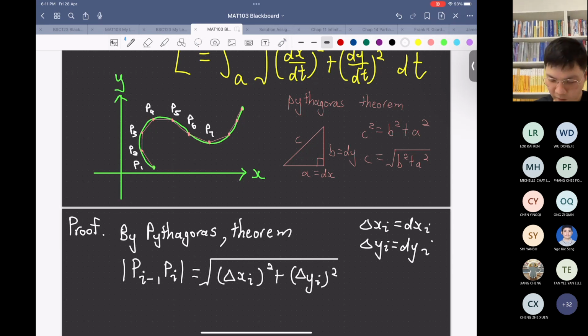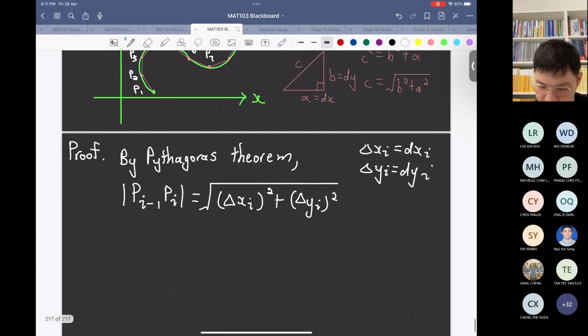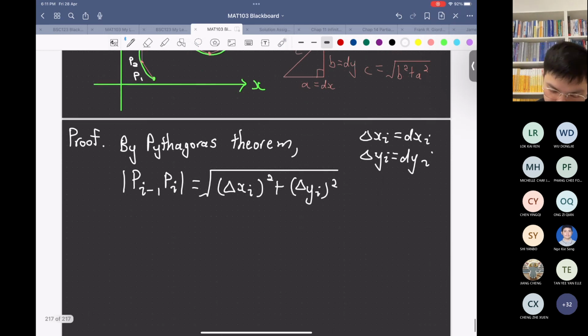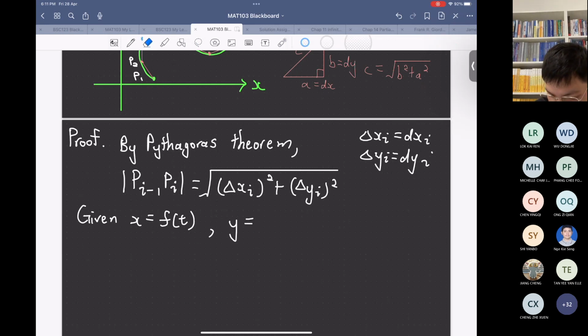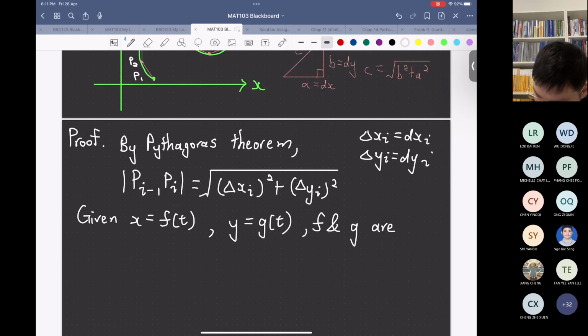So how should we relate to t? We are given that x is a function of t, and y is also a function of t. Furthermore, we should say that f and g are actually continuous.